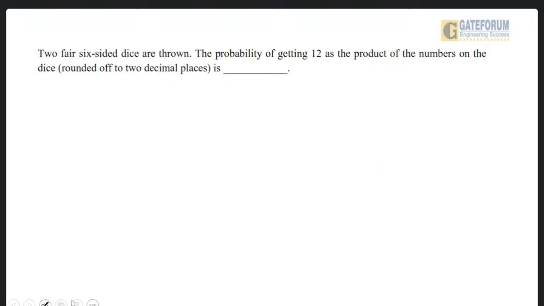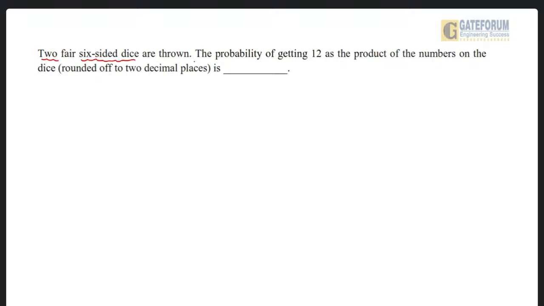The question is, two fair six-sided dice are thrown. The probability of getting 12 as the product of the numbers on the dice, rounded off to 2 decimal places, is. This is from engineering mathematics, from the topic probability and statistics, subtopic basics of probability. Now the key points are six-sided dice, 2 thrown.